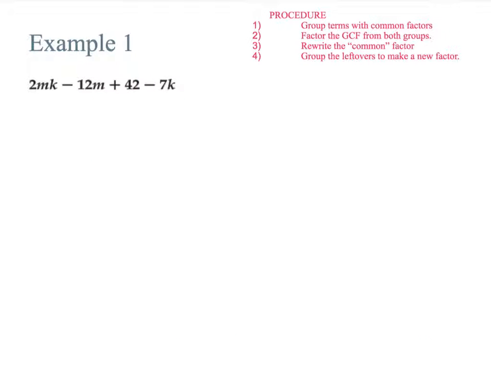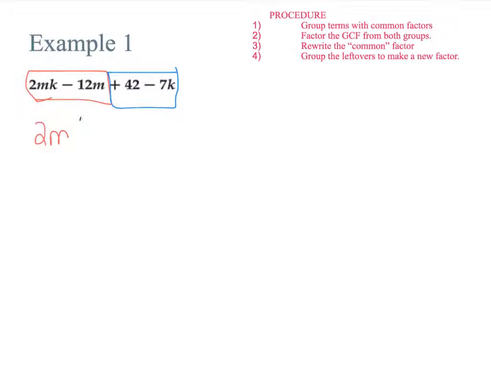So let's imagine we were just factoring by grouping and not coming up with anything different here. I would pick the first 2 terms to group together and the second 2 terms to group together. My greatest common factor of 2mk minus 12m is going to be 2m.